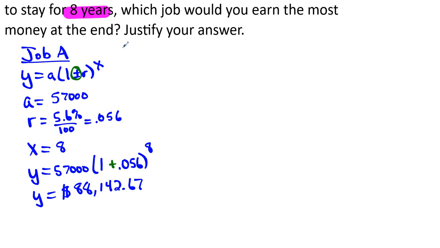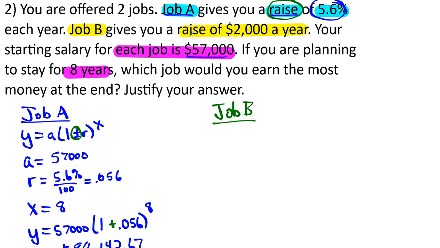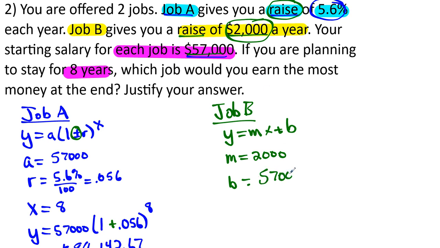All right, now let's look at job B. Job B was increasing by a raise of $2,000 a year. That's just a value, which means that is just linear. So write down the linear equation and then find your variables, M, X, and B. M is your rate of change, which is $2,000 a year, so we're going to add it. Our starting point was the 57,000 that they both started at.